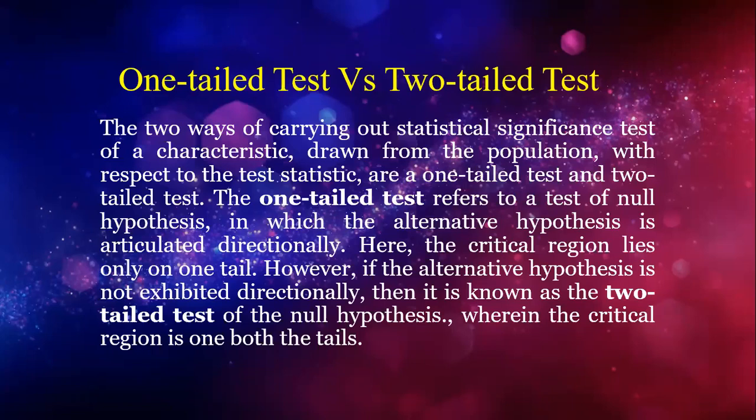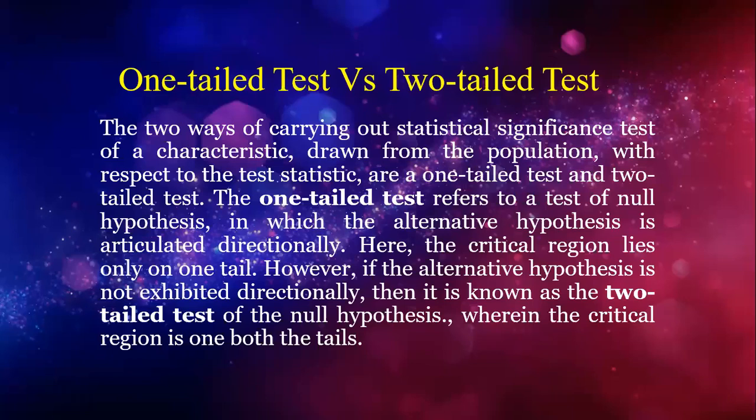There are two types of error: type 1 error and type 2 error. We also discussed what type 1 error means and when it occurs, and what type 2 error means and when it occurs. Type 1 error means we are rejecting a null hypothesis when it is actually true. Type 2 error means we are accepting a null hypothesis when it is actually wrong.